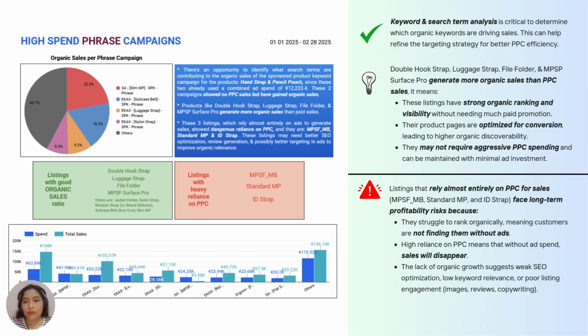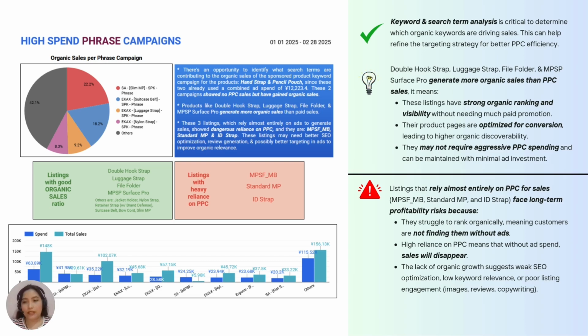Now, Double Hook Strap, Luggage Strap, File Folder, and MPSP Surface Pro have strong organic rankings, and they are generating more organic sales than PPC sales. So reducing the need for heavy ad spending, their well-optimized product pages already drive natural discoverability, allowing for minimal PPC investment while maintaining strong performance.